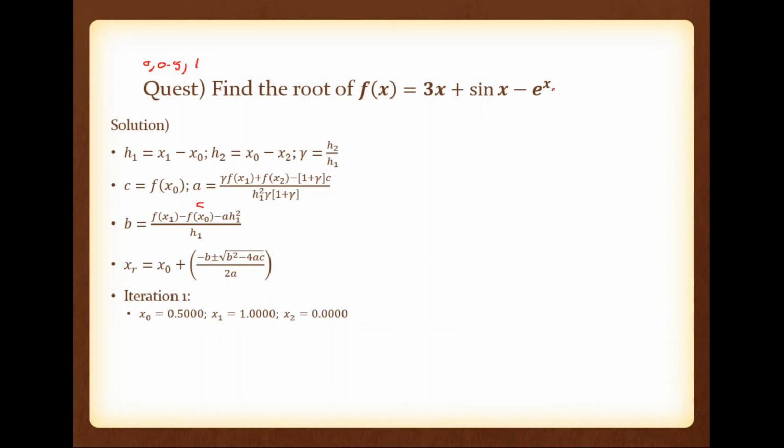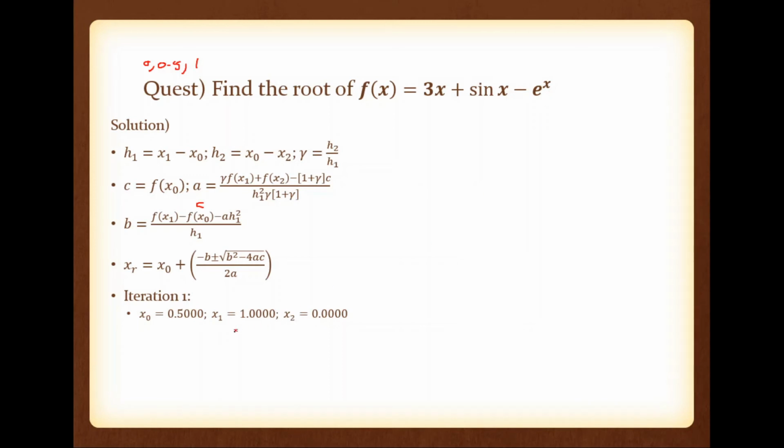You have to find that value. Now x2 equal to 0.0000. So f of x2 is 3 into 0 plus sine of 0 minus e raised to 0. That you can easily say. This term is 0, this term is 0, minus e raised to 0, that is minus 1.